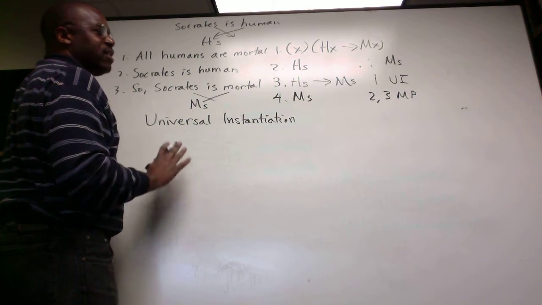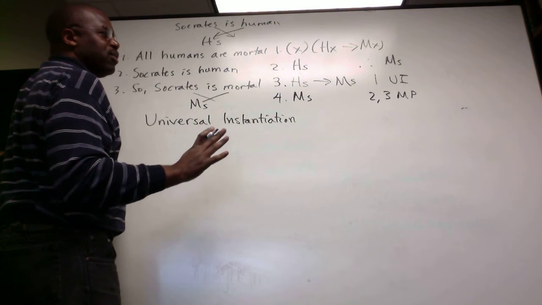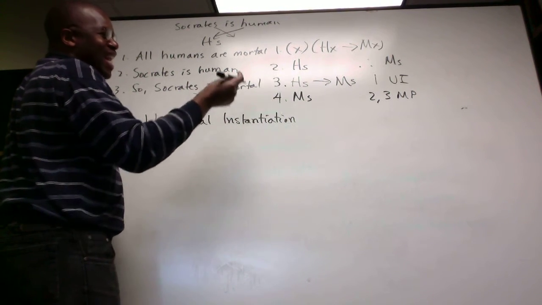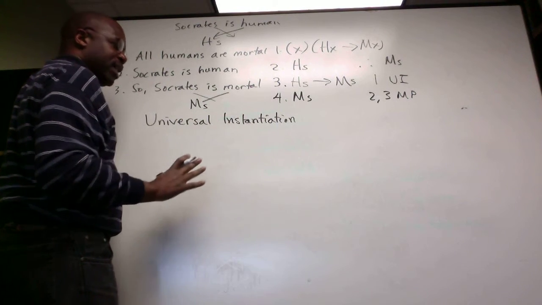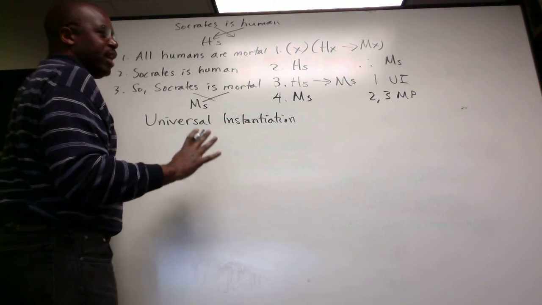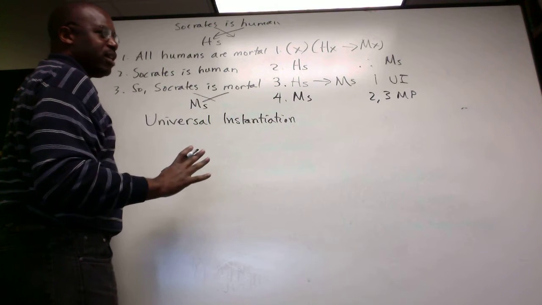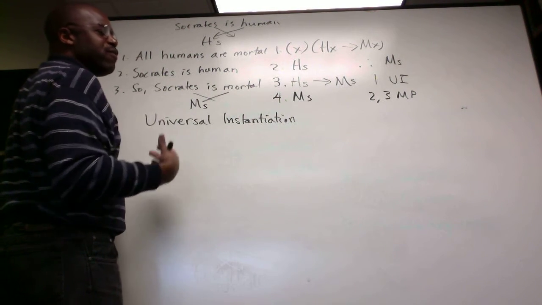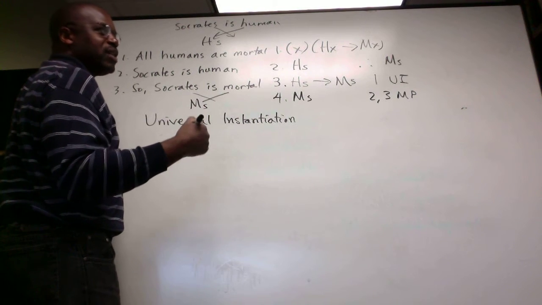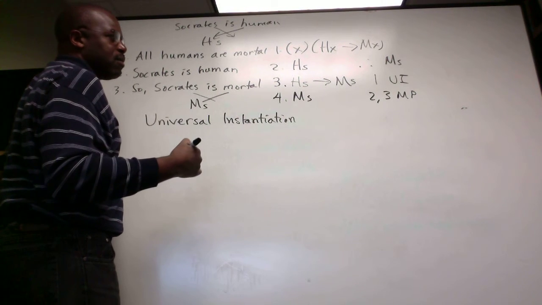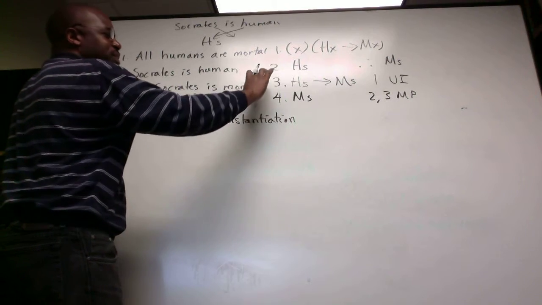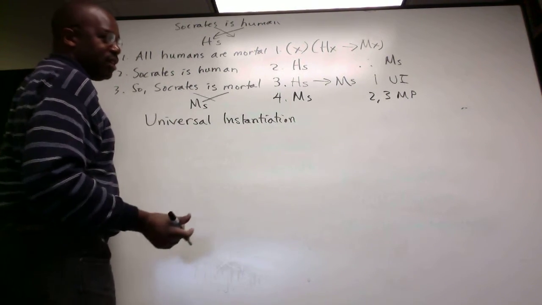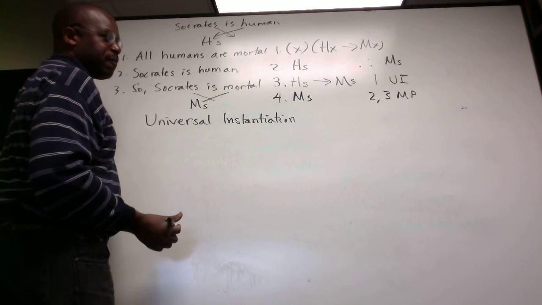You can universally instantiate to any letter you wish, provided it allows you to uniformly distribute the individual constants in a way that permits you to do modus ponens, disjunctive syllogism, or to apply all those other rules of inference.